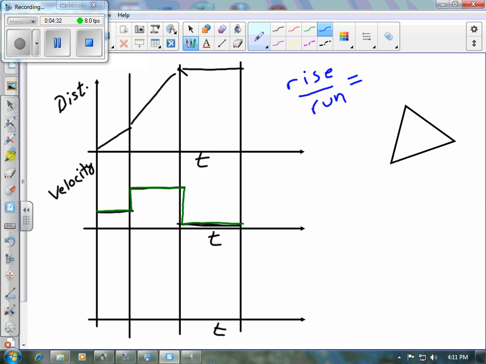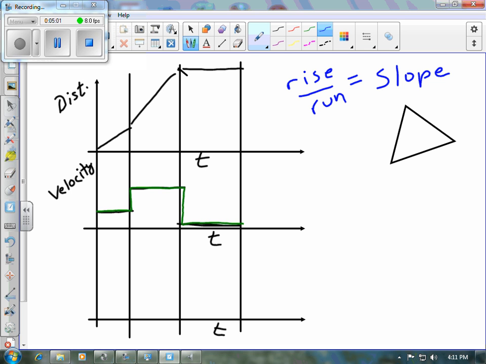Slope. Right, very good, slope. So the slope of distance is velocity. The slope of velocity, on the other hand, is yet something else that has to do with motion. Any guesses as to what it would be? Michael? Acceleration. Right, very good, acceleration. Excellent. You guys are sharp today. So I hope my online class is just as sharp.